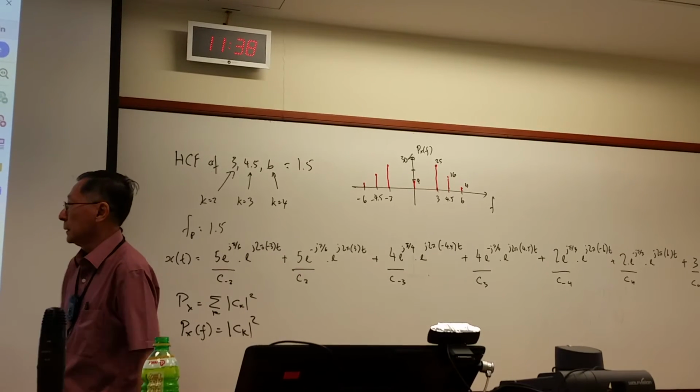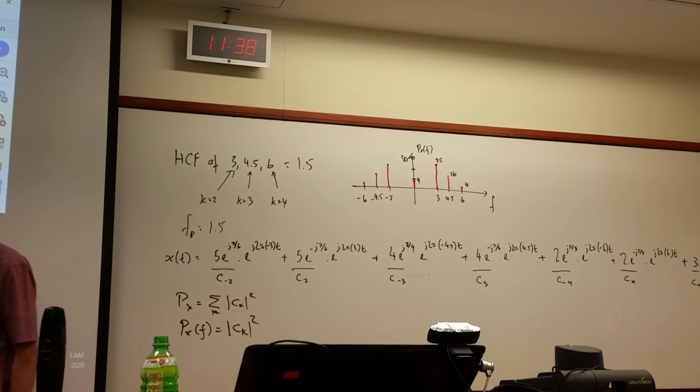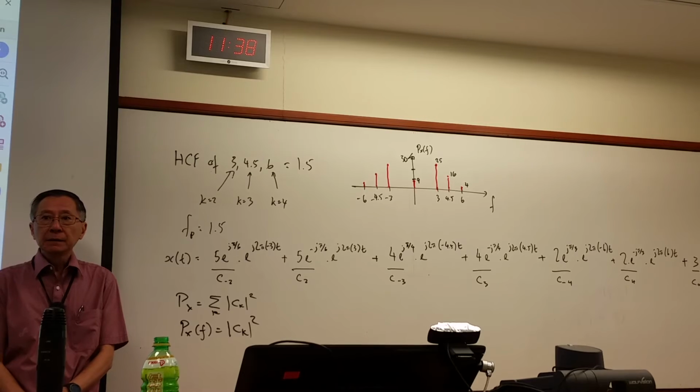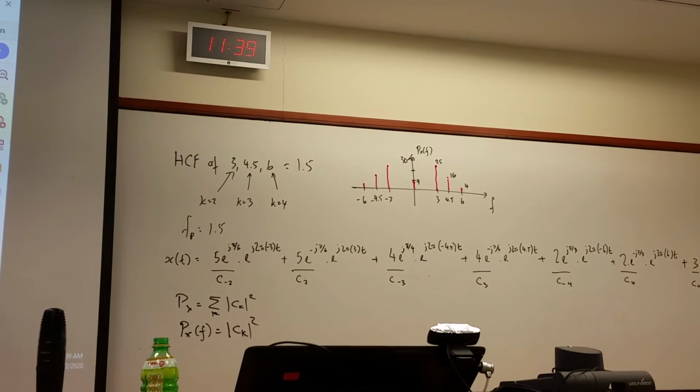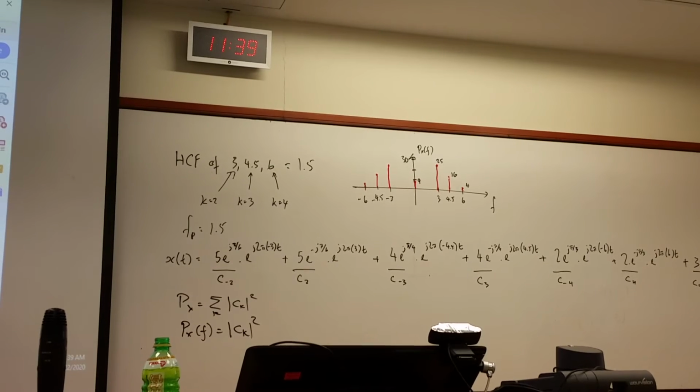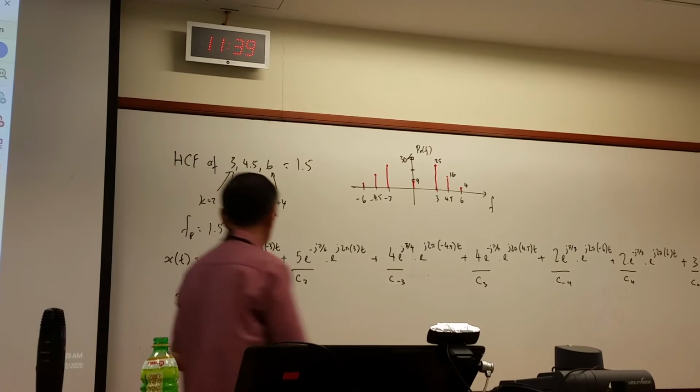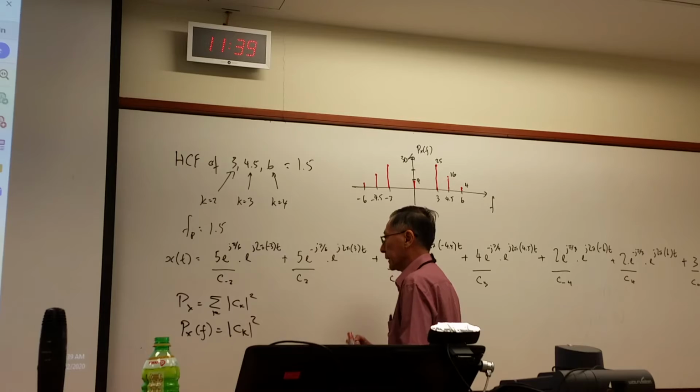Okay? And finally, what is the DC value and average power? So DC value is 3. And what is the average power? Summation. Average power with this guy, right? Yes.